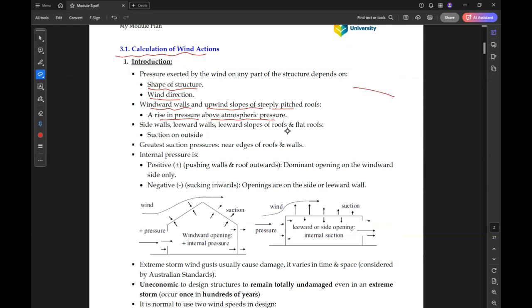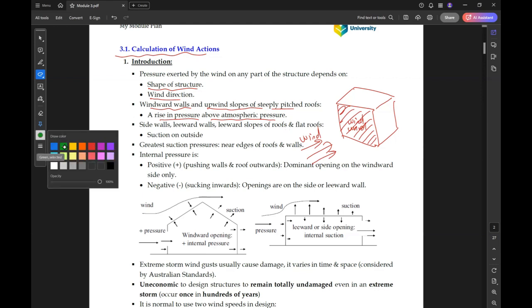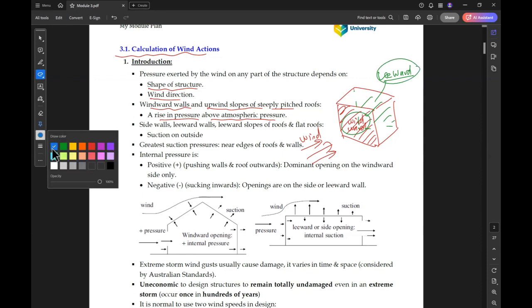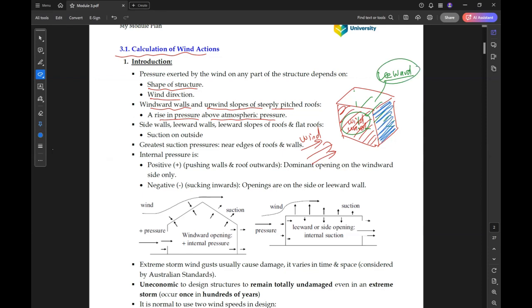So if we have a building like that, and the wind coming in this direction, the wall facing the wind is called windward, okay? And the opposite one at the back is called leeward wall. So we have windward wall and leeward wall, and the sides, the blue ones, are called side walls.